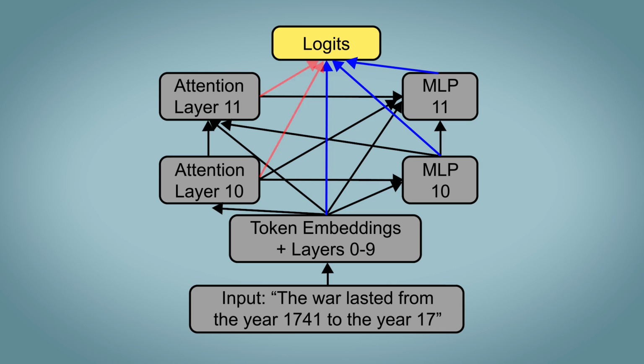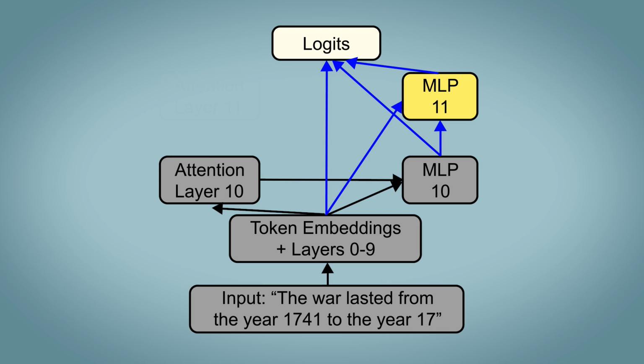We then proceed to the edges going into MLP11, once again identifying edges that are important and not important, as determined by activation patching. Since attention layer 11 has no outgoing edges, we can safely skip over it and look at the edges going into MLP10. This continues until we've tested all edges. Those that remain form our circuit.